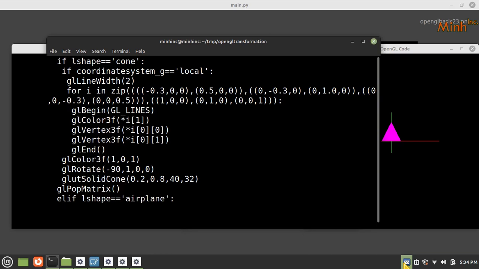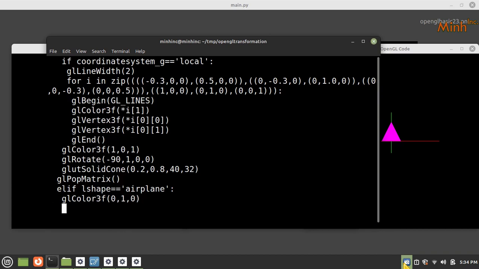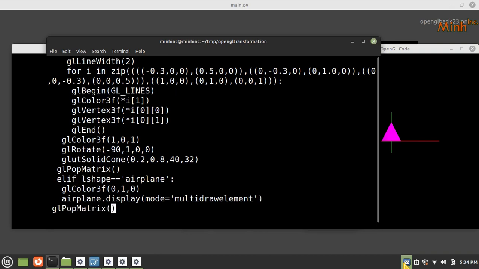So we'll have glColor3f, and we have airplane dot display mode equal to something like this.